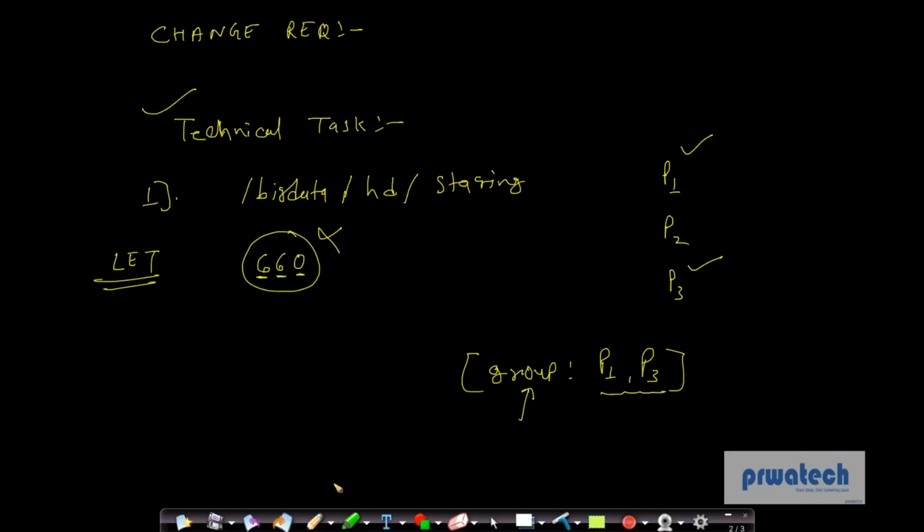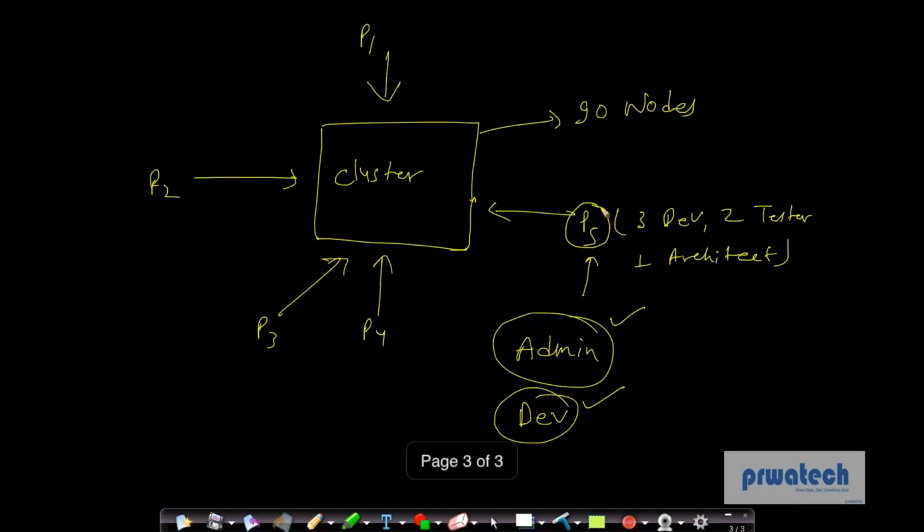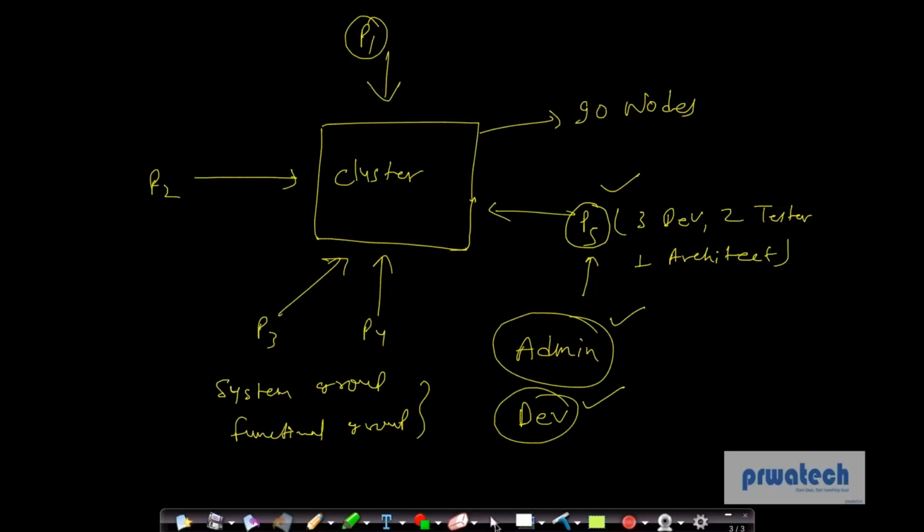And if you make any mistake, and by default you give access to people from P1 also of your project, they can see, they can delete, they can do anything, which is not right from the security perspective. This is why all this system group permission, functional group permission, all this is important. System grouping, functional grouping.